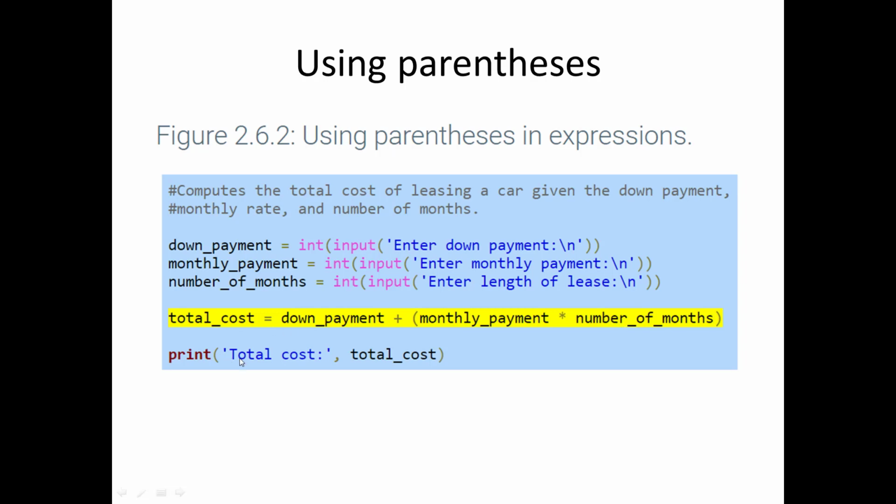Then we're going to print the string literal, notice the quotes here, total cost, and then the value of the variable that we created. This comma is essential for the print statement to be syntactically correct, and also separates the fact that we're printing a string and then the value of an actual variable that we calculated here.